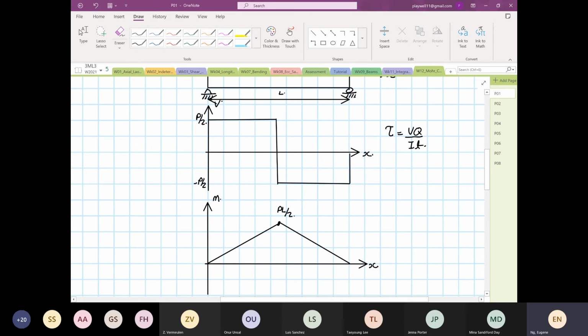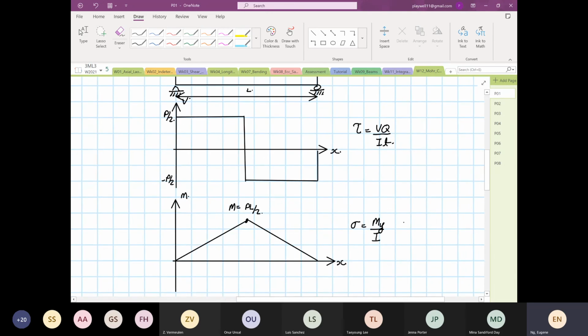And for this, the moment will contribute to the what? To the normal stress. So this is our moment, and we have our M Y over I. So this is for centric loading. And the stress can also be P over A plus or minus M Y over I, and this is for eccentric loading.